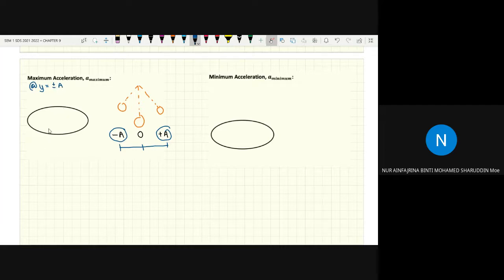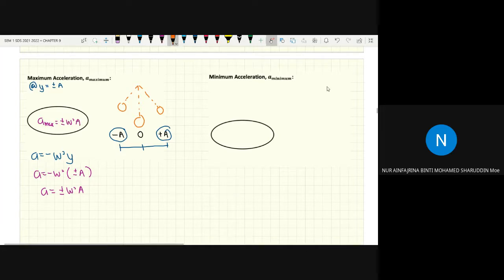Dan kita tahu equation dia adalah A equals to negative omega squared Y. So equation of acceleration in terms of displacement. Jadi awak akan masukkan sahaja Y dengan plus minus A. So awak akan dapat acceleration plus minus omega squared A. Jadi itu je lah, maximum acceleration plus minus omega squared A.